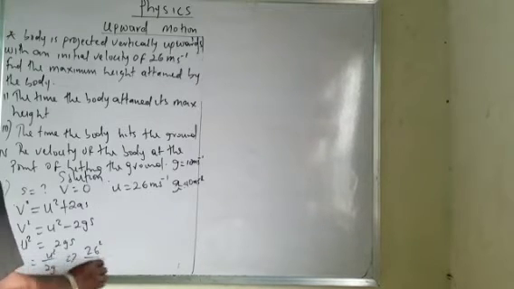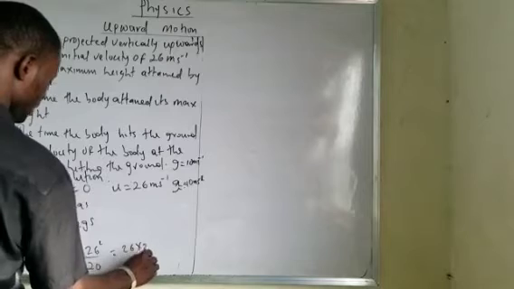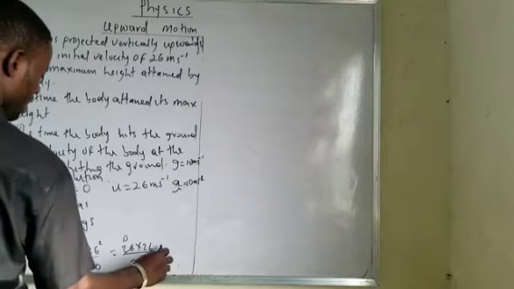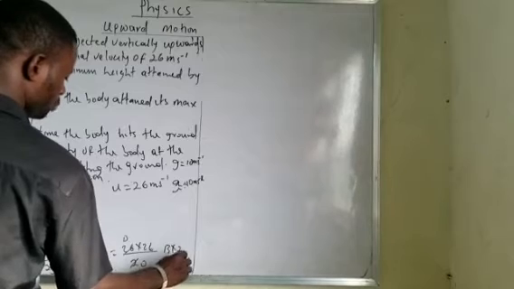It means I'm talking about u equals 26. So x will be equal to 26 squared divided by 20, which is 26 multiplied by 26 divided by 20. Cancelling, I have 13 multiplied by 2.6, which gives 33.8.